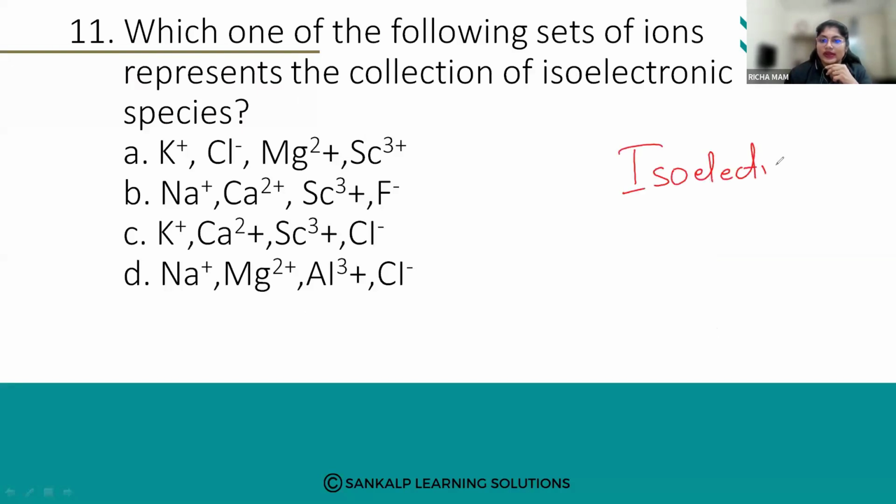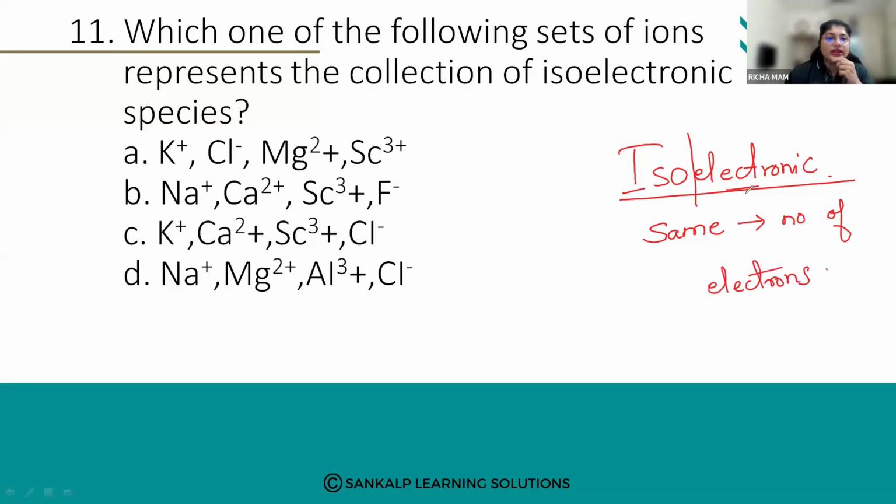Iso means same, and electronic means number of electrons. So isoelectronic species are those species which have the same number of electrons. Very important. Mark this as an important definition.